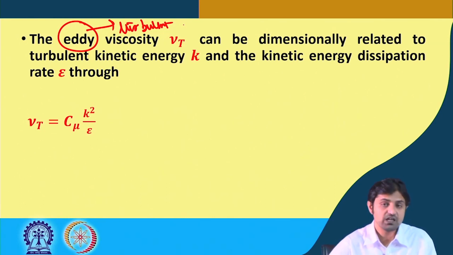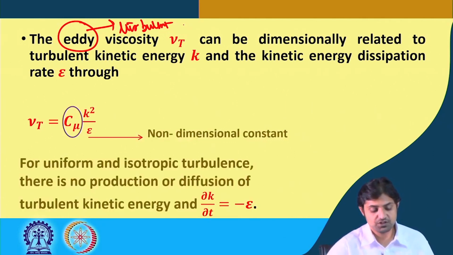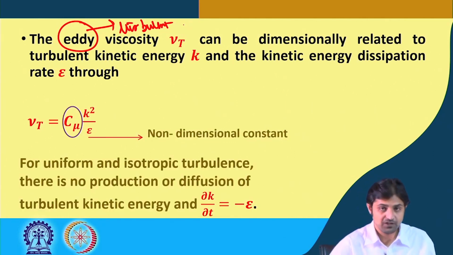So, nu t we are also able to find in terms of k and epsilon, and we substitute this into this equation. c mu is a non-dimensional constant whose value we know from experiments. For uniform and isotropic turbulence, there is no production or diffusion of turbulent kinetic energy. Therefore, del k del t will be equal to minus epsilon.